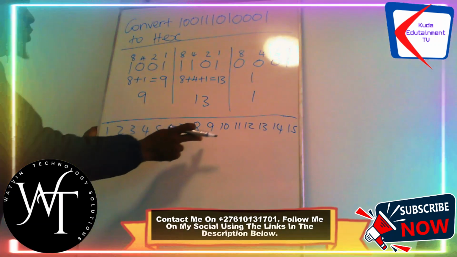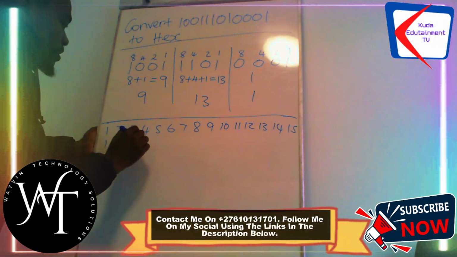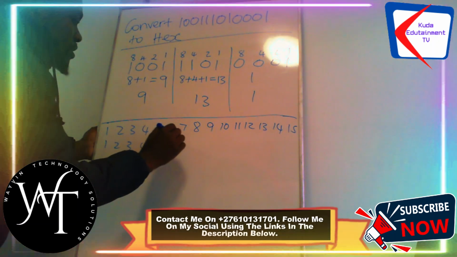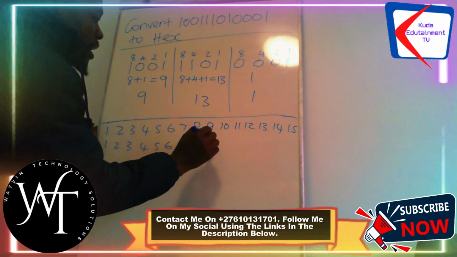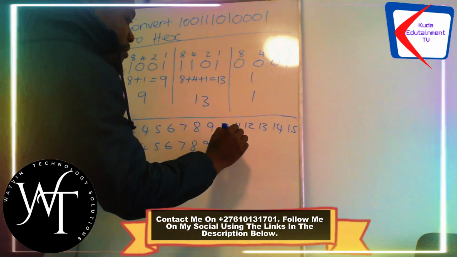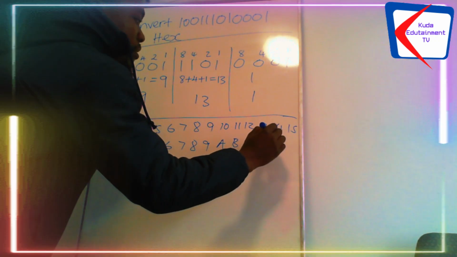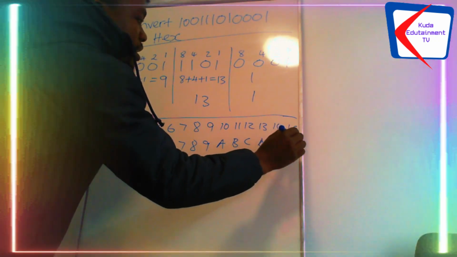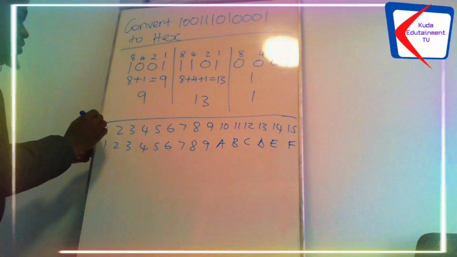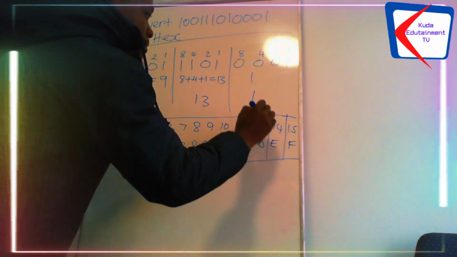All the numbers below 10 don't change: 1, 2, 3, 4, 5, 6, 7, 8, 9. Then 10 is replaced by A, 11 by B, 12 by C, 13 by D, 14 by E, and 15 by F. So this is the hexadecimal table that we use.